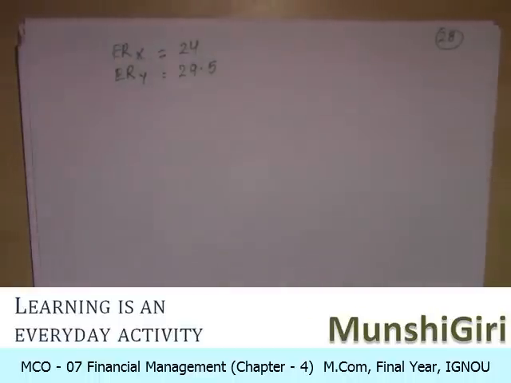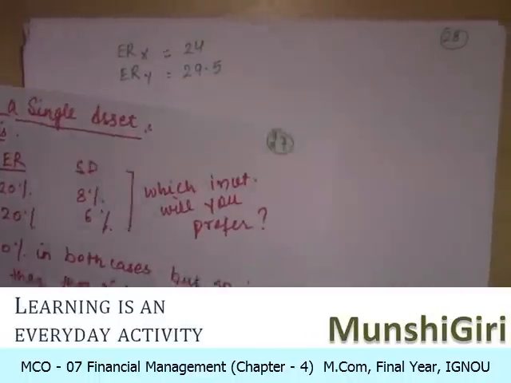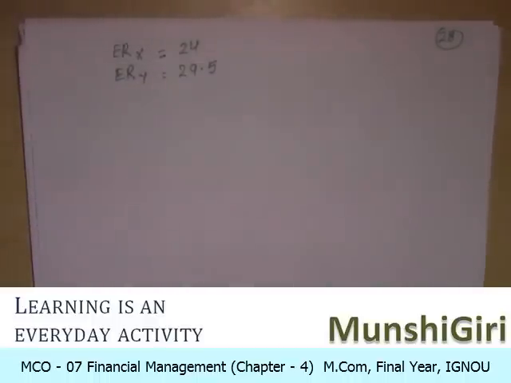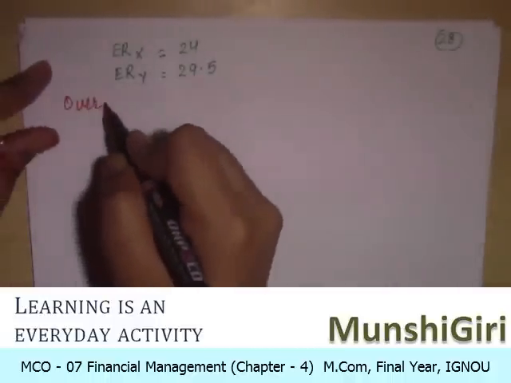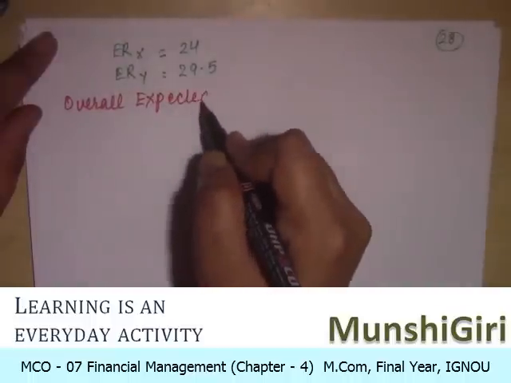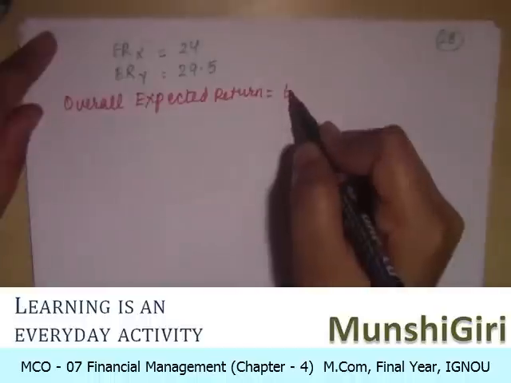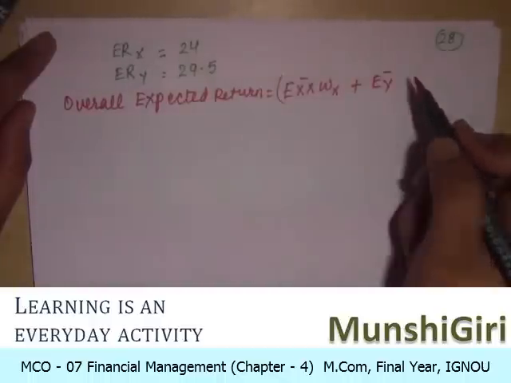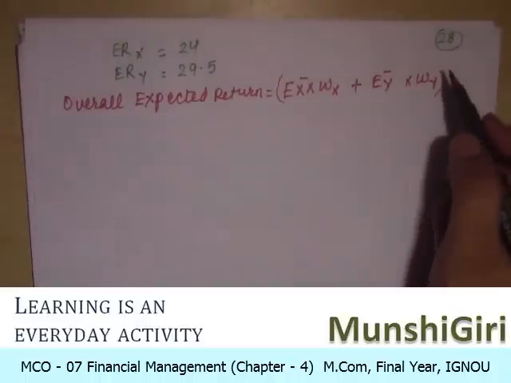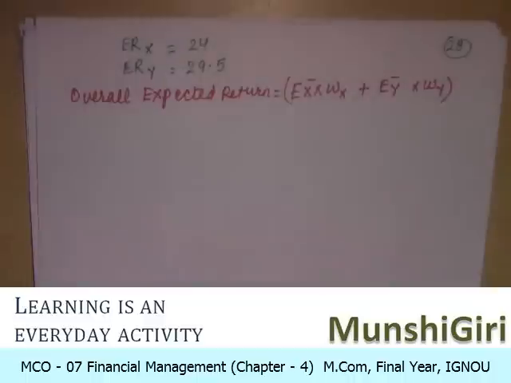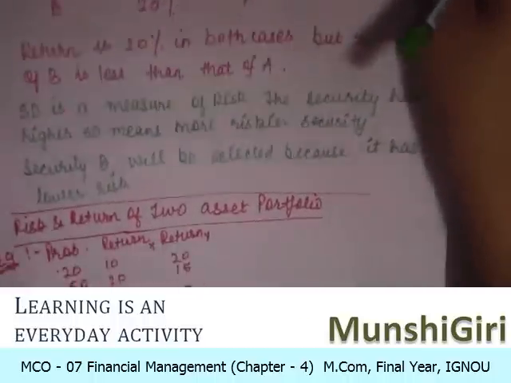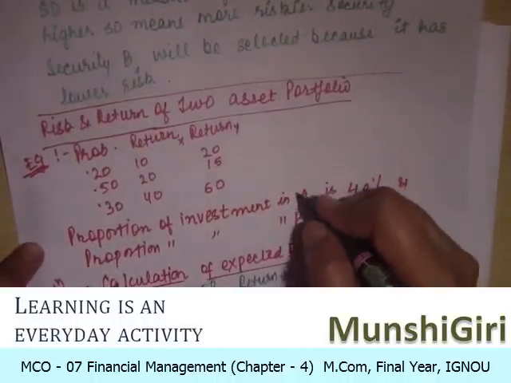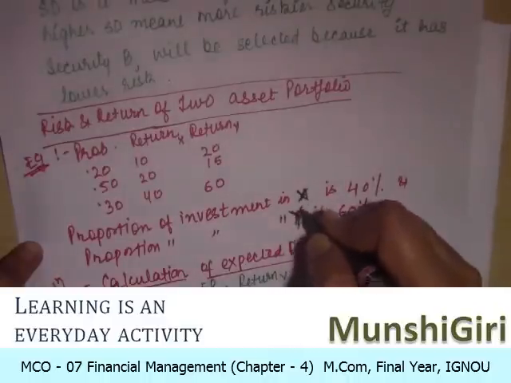Overall expected return is expected return of X into weight of X plus expected return of Y into weight of Y. The proportion of investment was given as 40% in X and 60% in Y. This is X and Y, not A and B, so just make the corrections.